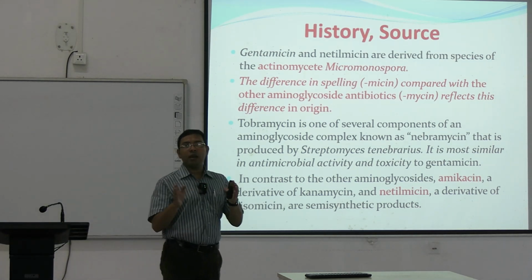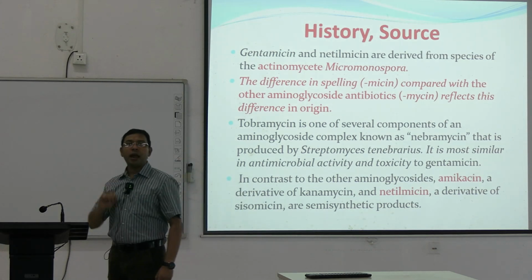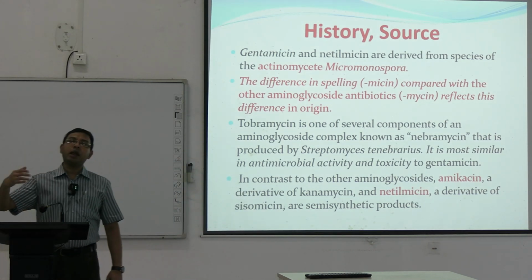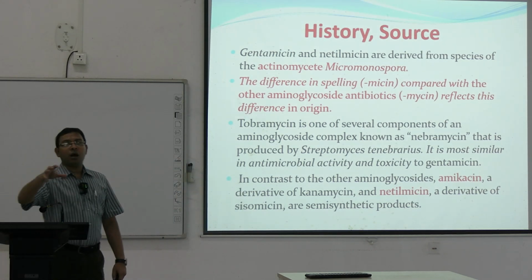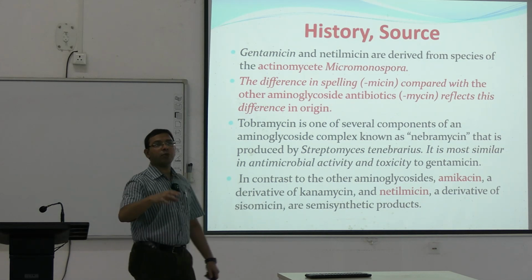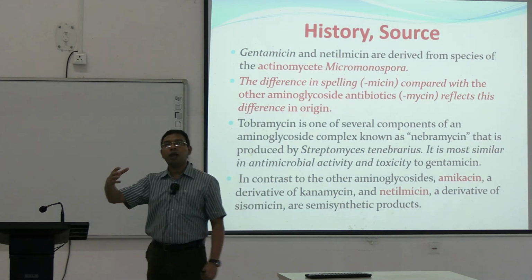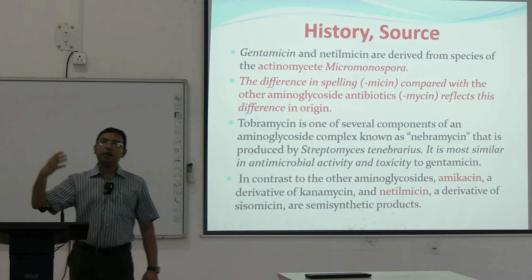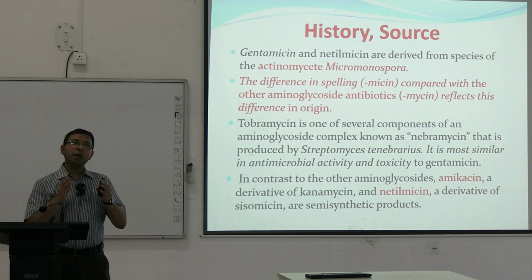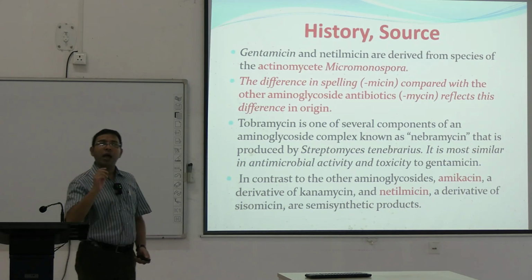That's why there is a difference in spelling, MYCIN and MICIN. But later it was seen that several other soil actinomycetes are responsible for generating other aminoglycosides, and they are also synthesized synthetically. So in most cases they end with MYCIN.